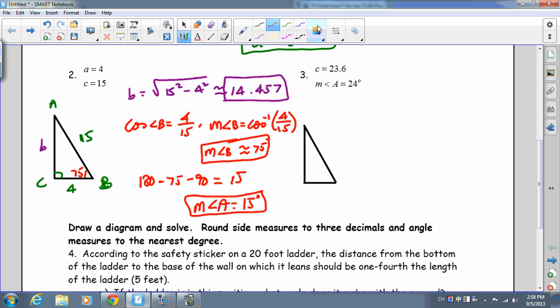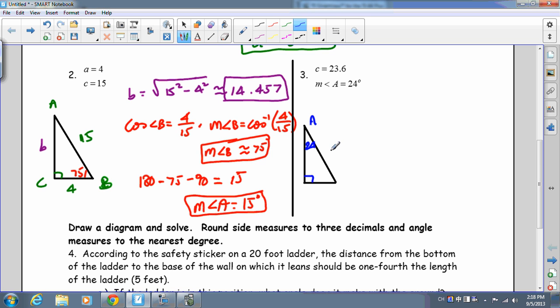Let's look at the last one. Unfortunately, the space is not good enough for us to use, so I might let you do this one by yourself, but I will start it. The measure of angle A, which is this angle, is 24. I'm putting a line here just to separate it. The measure of angle A is 24.